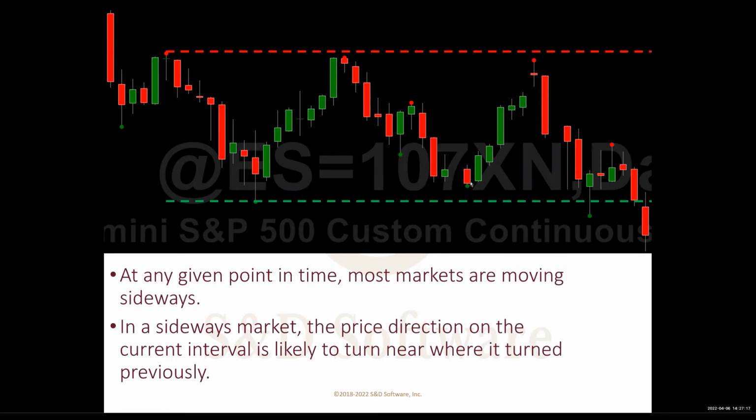Down here, we see the same thing until finally the sideways move is broken. At any given point in time, most markets are moving sideways. And as we just saw, price turns near where it did previously.